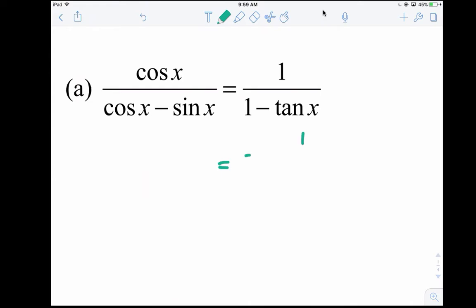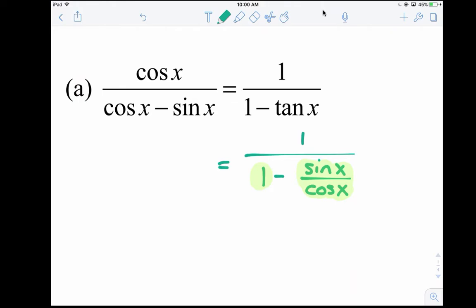So I have 1 minus sine over cosine. And then what I did from there is I wanted to make a common denominator between the 1 and the sine over cosine, which will require me to multiply the 1 by cosine over cosine.